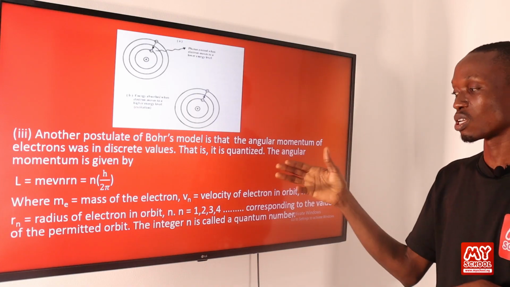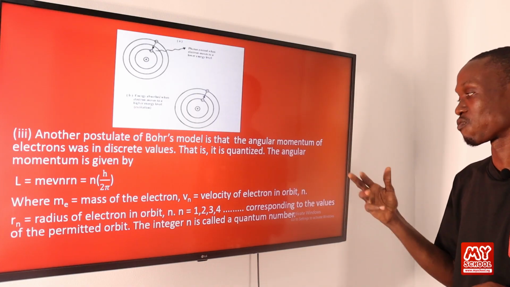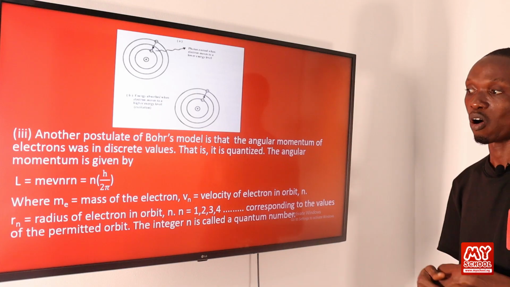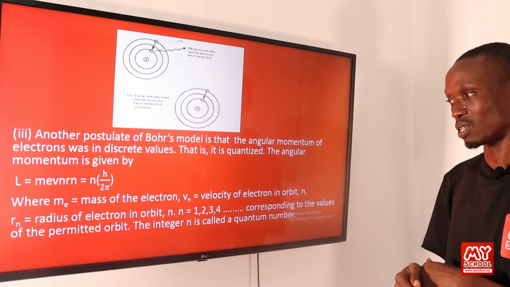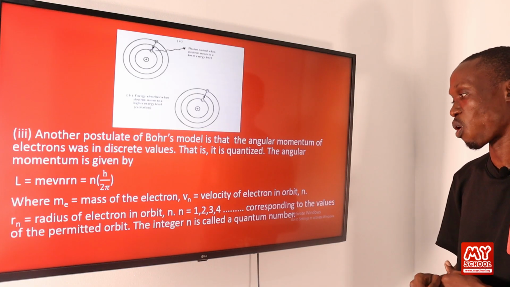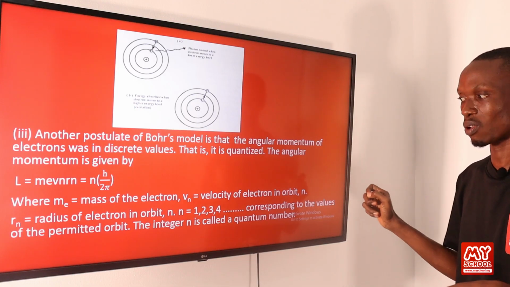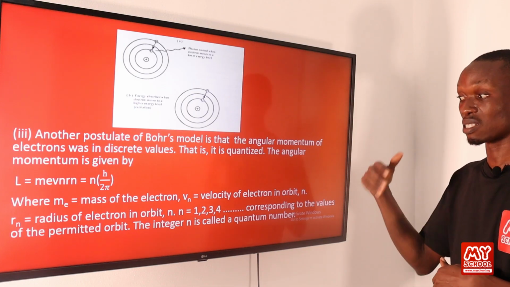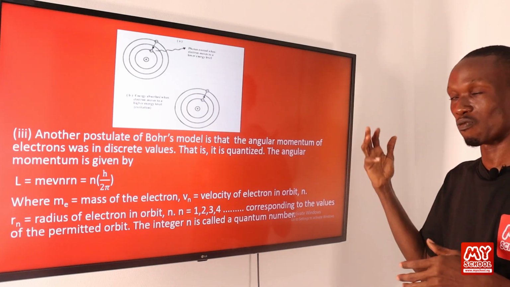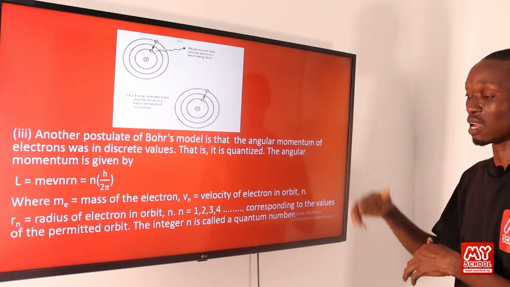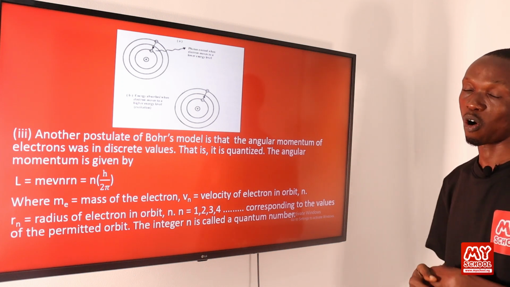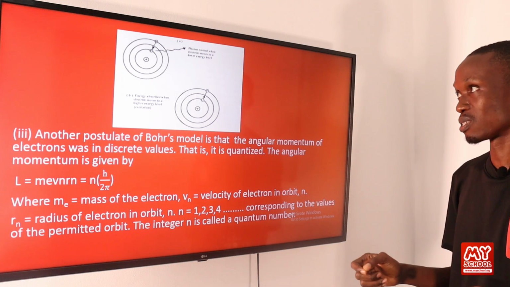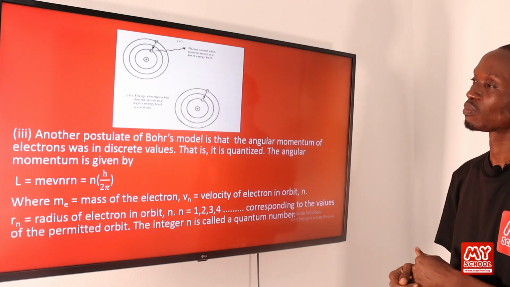And he said n could take the value of 1, 2, 3, 4, corresponding to the value of the permitted orbits. The integer n is called a quantum number. So the letter n represents a quantum number, and it can take values of 1, 2, 3, 4, etc., corresponding to the permitted orbits. Now let's move to the next slide.